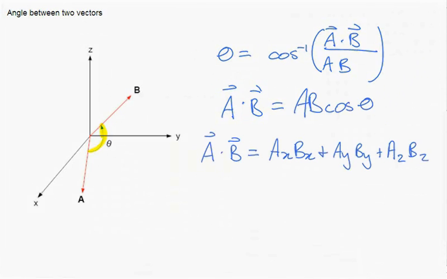To solve this equation, we need to use the formula we discussed earlier, to dot two Cartesian vectors together in the form of AX, BX, AY, BY, AZ, BZ. This form then gets substituted back up into this equation, and then can be solved by finding the scalars of A and B and then solving in your calculator.